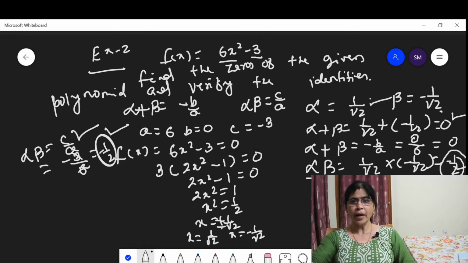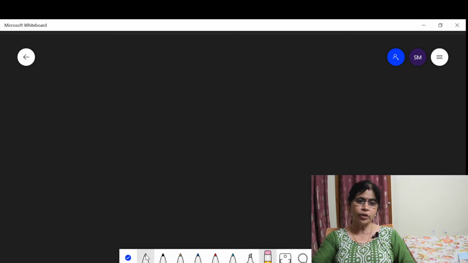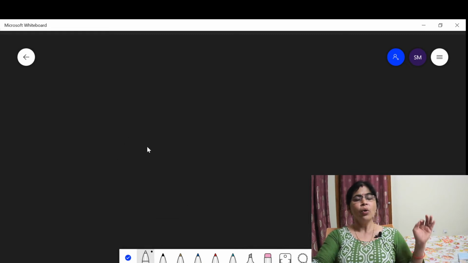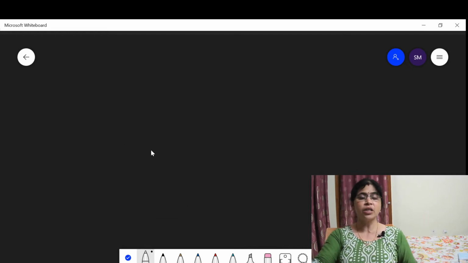Here also we find the two zeros, and by applying the formula we verify the given identities. The identities are alpha plus beta is equal to minus b upon a, and alpha into beta is equal to c upon a.